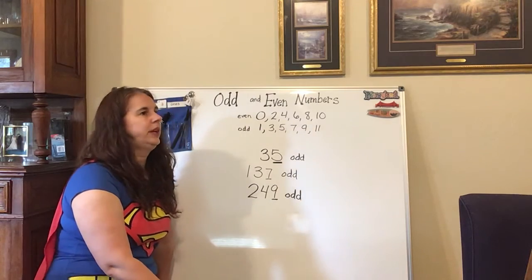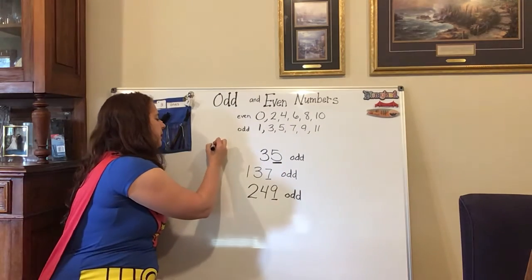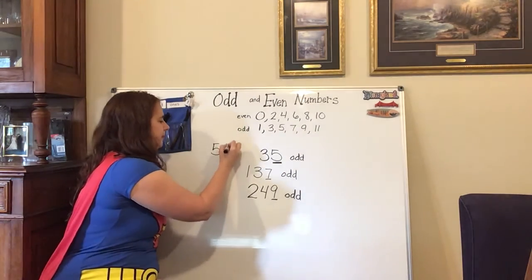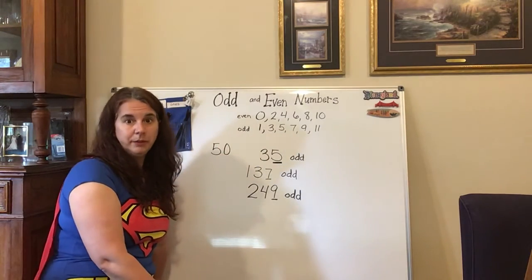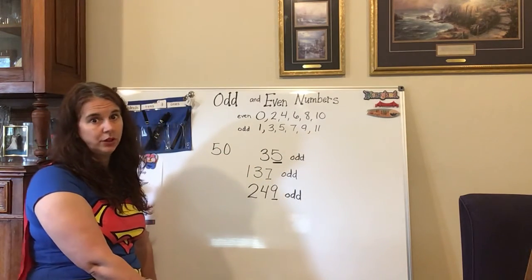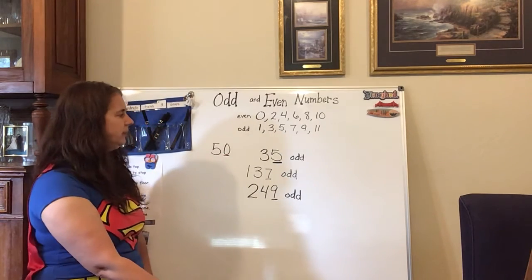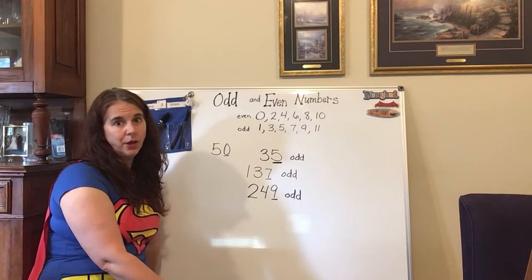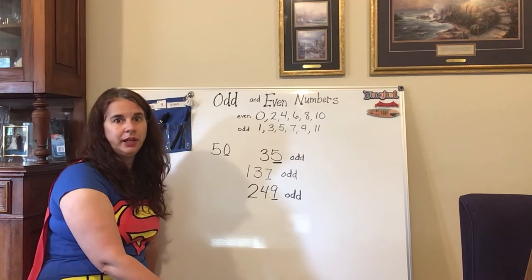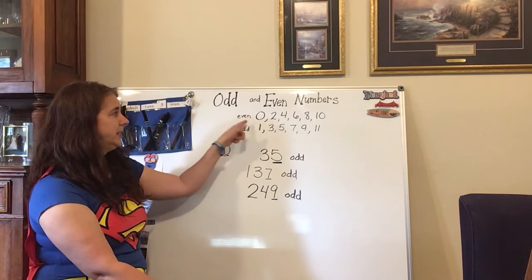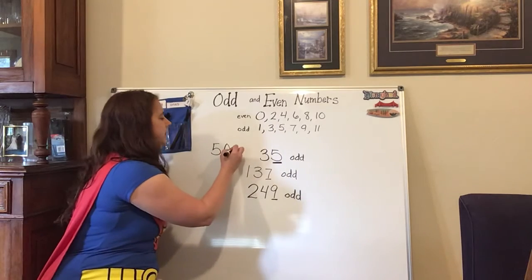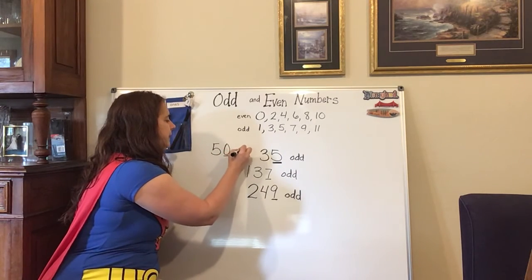What happens if we had the number 50? What would 50 be? Well, again, we have to look in the ones place. We have a 0 in the ones place. So if we have a 0, what is that going to be? That's right, we learned it's going to be an even number. So this is even. 50 is even.